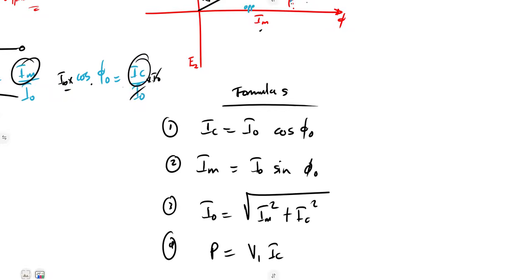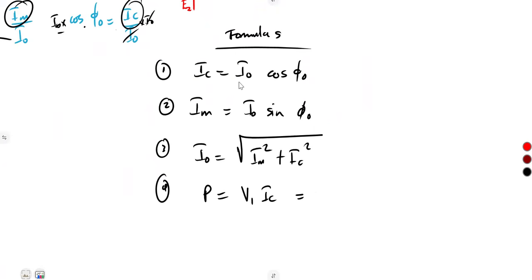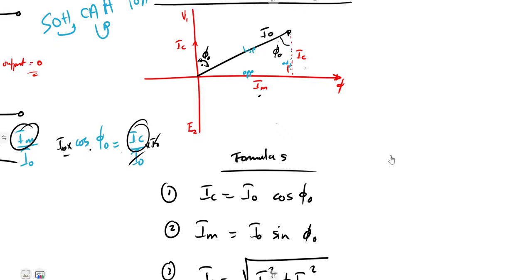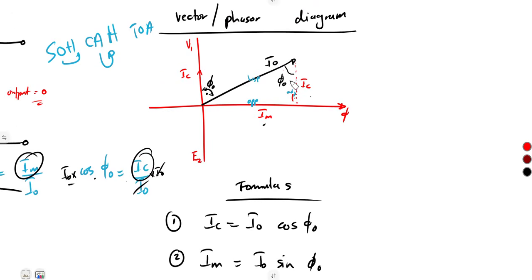But remember, IC is equal to this. So it's going to be voltage times current, with this in place of IC. So that's V1 times IO cos phi. I was saying theta or phi; this is supposed to be phi, not theta. Let us just use phi. Okay, it's phi there. So that's what you can have.